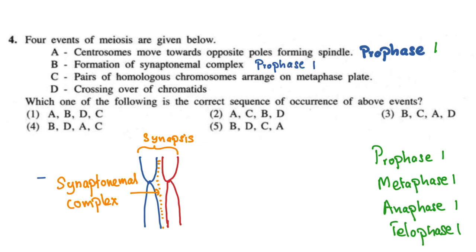Then C, pairs of homologous chromosomes arrange on metaphase plate. So that is in metaphase 1. So I will draw the cell in metaphase 1.